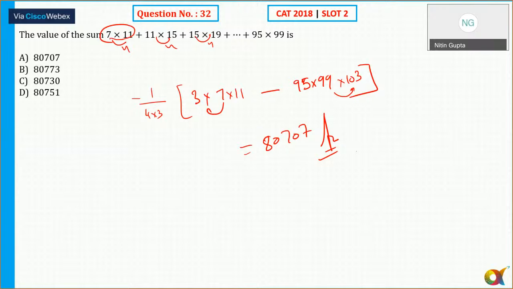Any doubts to anyone now? Clear? Santosh, Anupam, Damini, all of you? We have discussed this approach. Remembered? I'm sure that you all are revising all your formulas and everything.